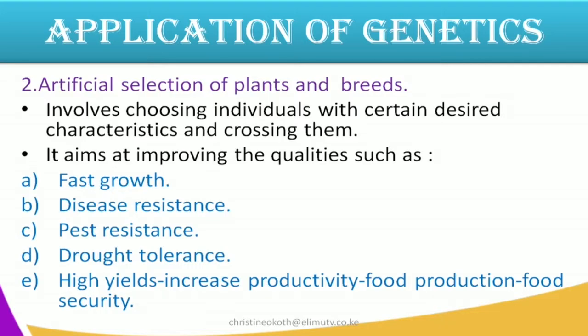Then you cross it with a homozygous dominant cow that is high in production of milk. The offspring that you're going to get is going to be a codominant allele. It's going to take all the genes which are dominant, and your offspring is going to have double traits. That is, it's going to be resistant to diseases, and it's also going to have high production of milk. So that is an aspect where artificial selection of breeds is applied.